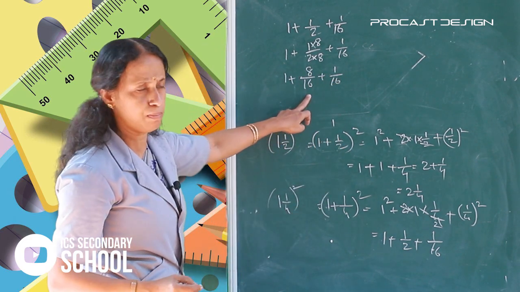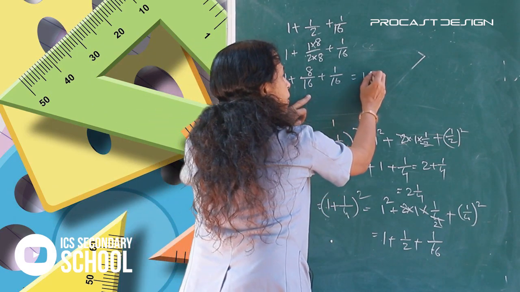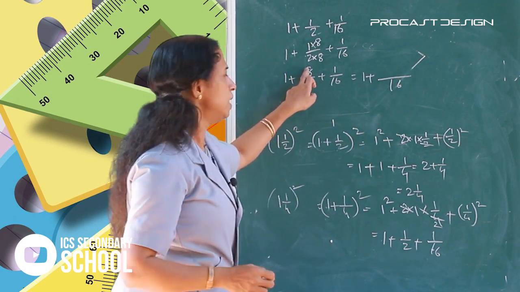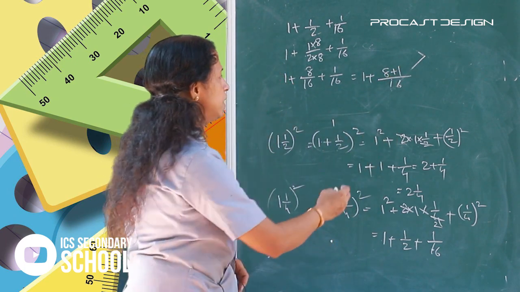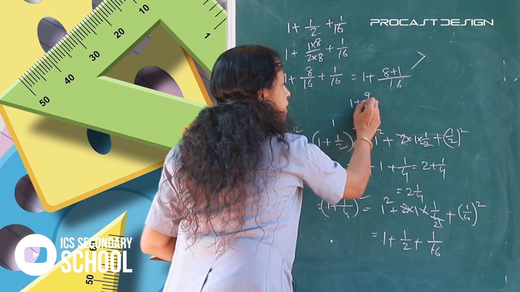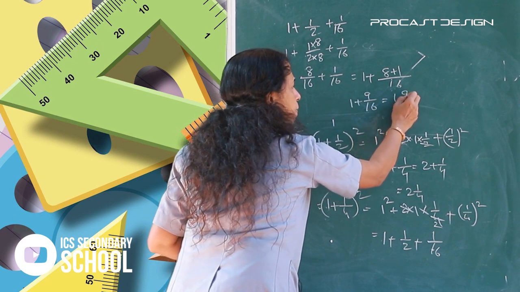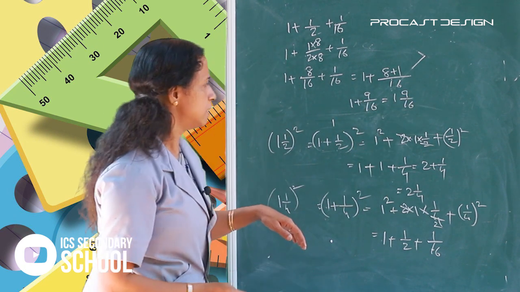Here the denominator is same, so we can write 1 plus common denominator, sum of the numerator is equal to 8 plus 1 is equal to 1 plus 9 by 16. This can be written as 1 9 by 16.